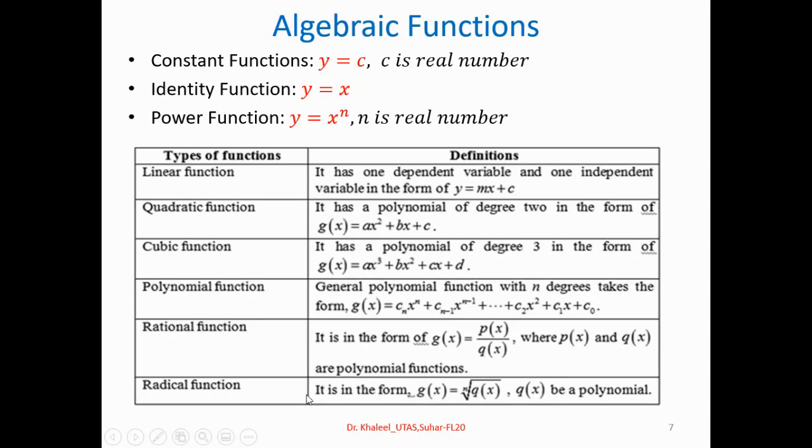So when the power of a polynomial is a fraction, then we have a radical function. An example here is y is equal to root x, which is a radical function. Y is equal to 3 cube root of x is also a radical function. So a radical function always has a fractional power. Polynomial is never a fraction. So it is a whole number.